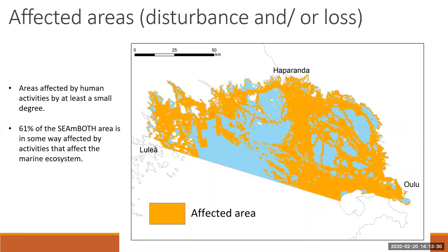But of course, keep in mind that a lot of this is from ship traffic and in deep areas. And actually, there are still some shoreline areas without any human activities. So that's comforting. Okay, thank you.